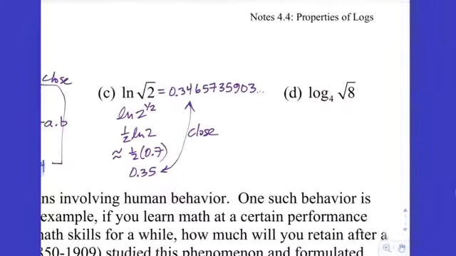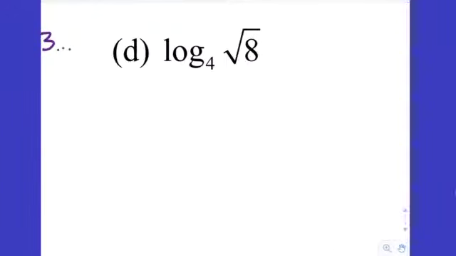All right, I guess I didn't realize there was yet another one. So this one starts off as log base 4 of the square root of 8. And I want you to tell me what this is approximately using the fact that the natural log of 2 is 0.7. This one's a little bit more fun, so it requires a little bit more ingenuity. I'll give you a chance to play with it yourself before I just give away the fun.